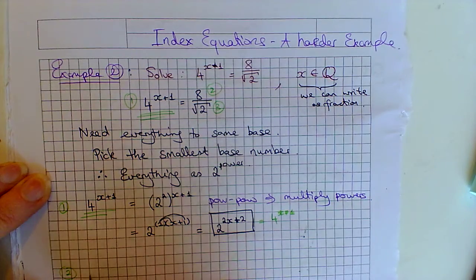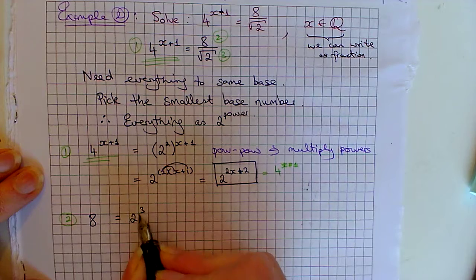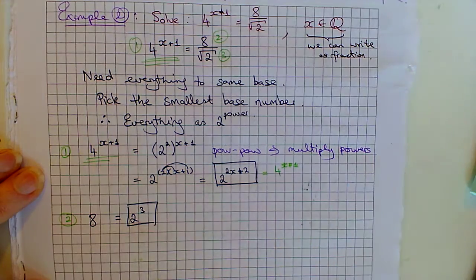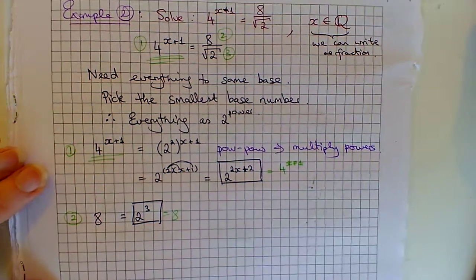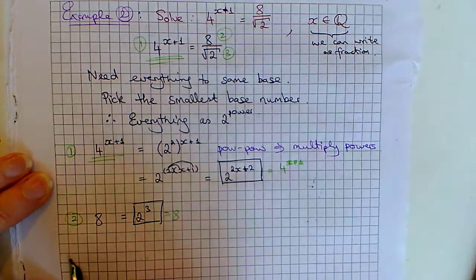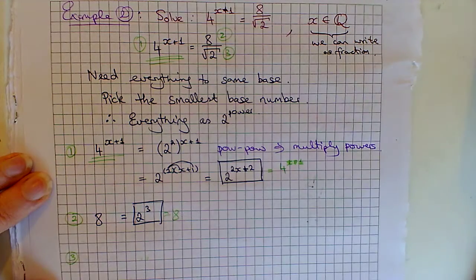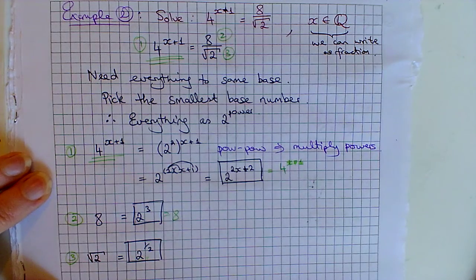So 8, we know it now at this point, don't we? 8 is 2 cubed, 2 to the power of 3. So I'll be replacing that. Replace 8 with that in a little bit. And the third thing was this square root of 2, and that's 2 to the power of a half.